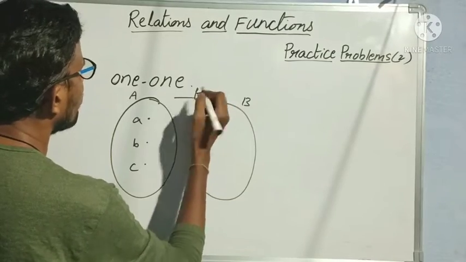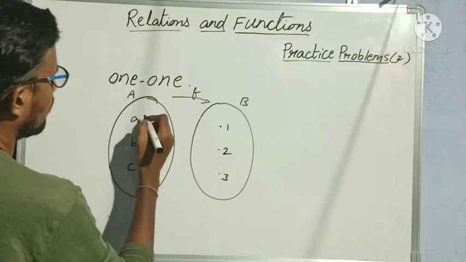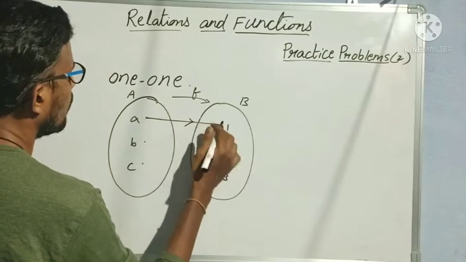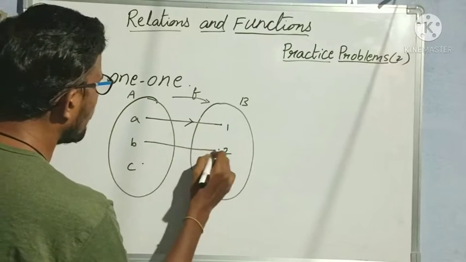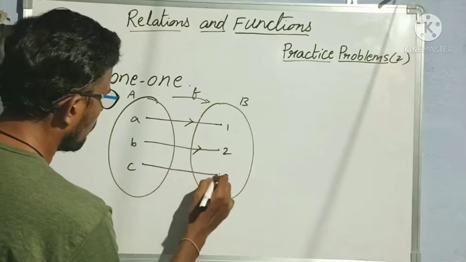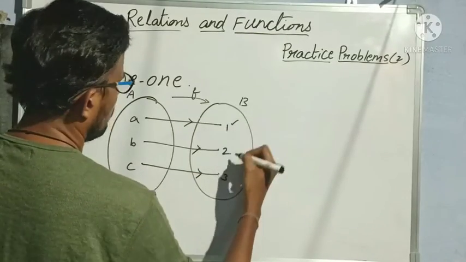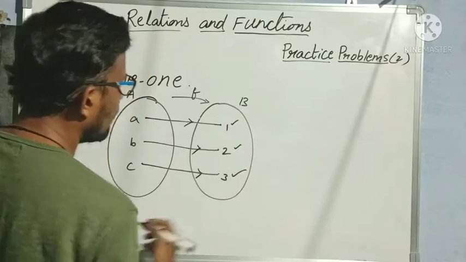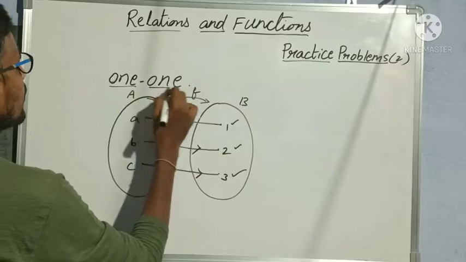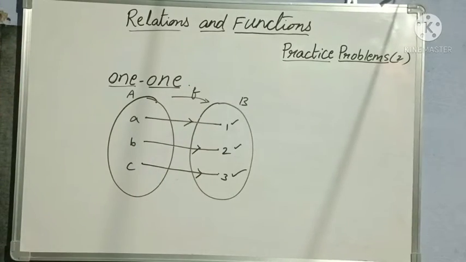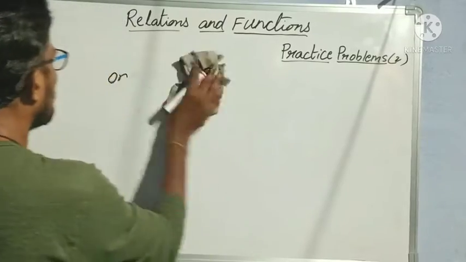A function f is defined from A to B. Here also elements 1, 2, 3, and I am mapping each element to a different element of set B. So in my function every element has one unique image. Understood? This type of function is called a one one function. Now let us see onto and into, then we can go to our practice problems.